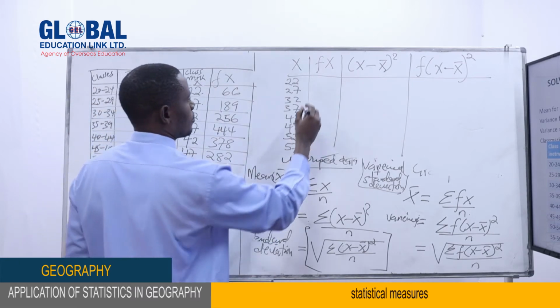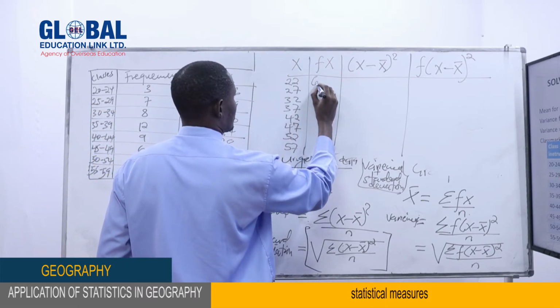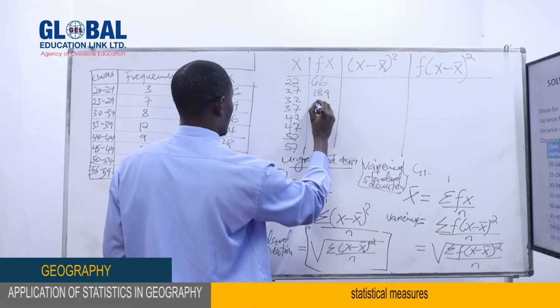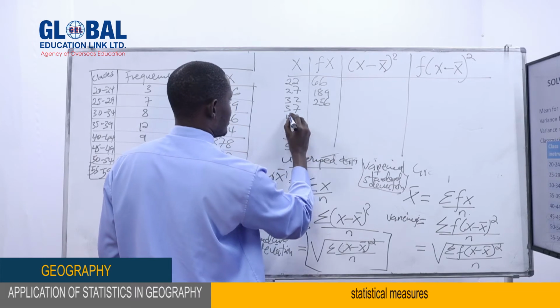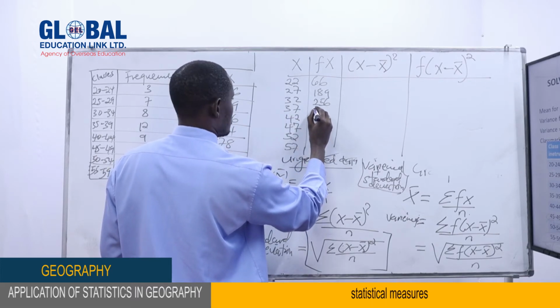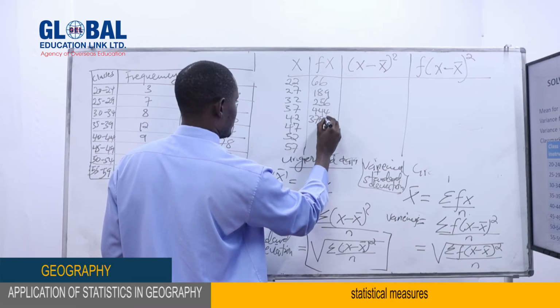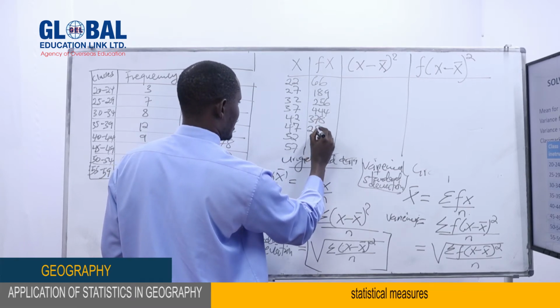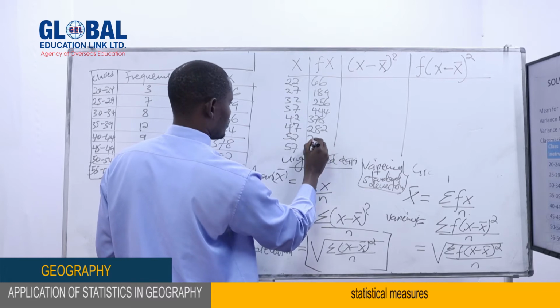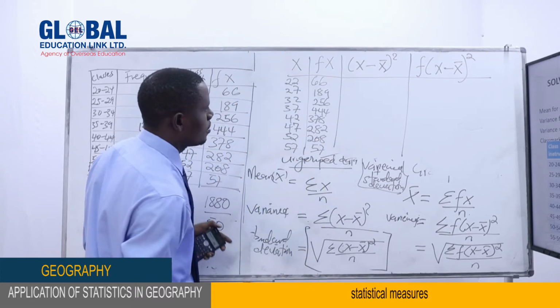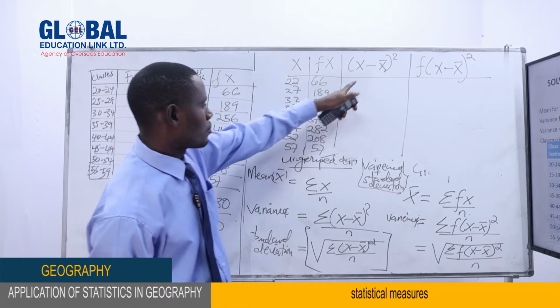Then fx, we had it: 66, then 189, then 256, then 444, then 378, then 282, then 208, and lastly 57. So we go for that particular column.